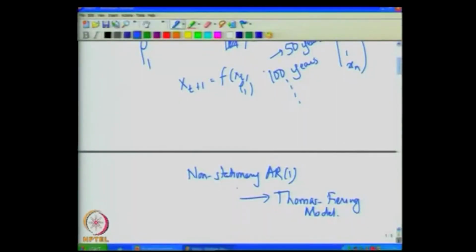And we called it a non-stationary model when we introduced the variation of the mean from time period to time period, and especially for monthly flows we use this kind of model, where the mean of June month is different from the mean of July month, different from the mean of August month, etcetera.